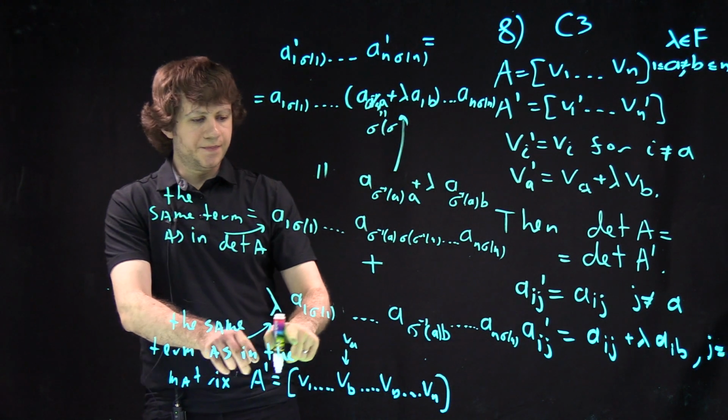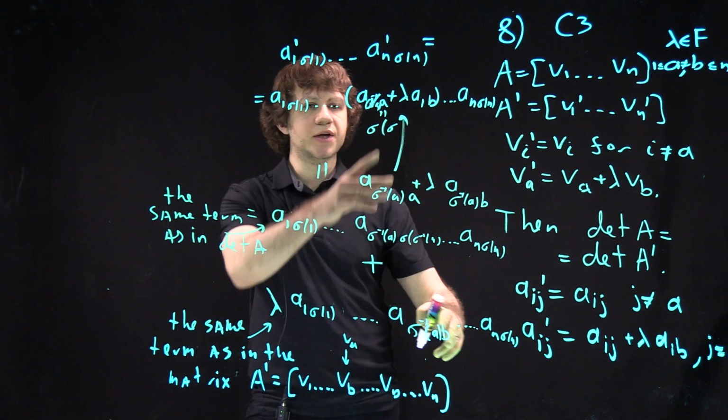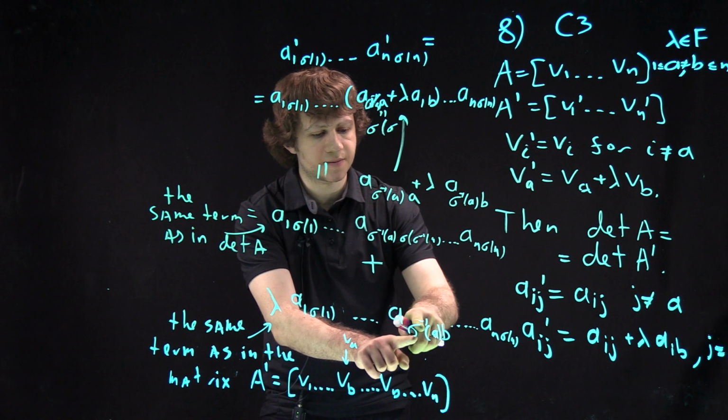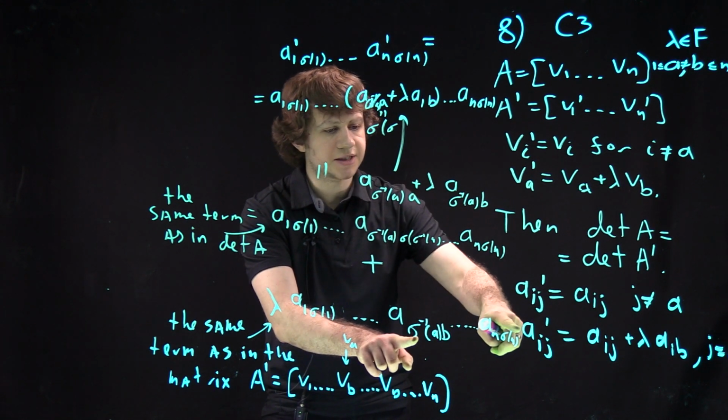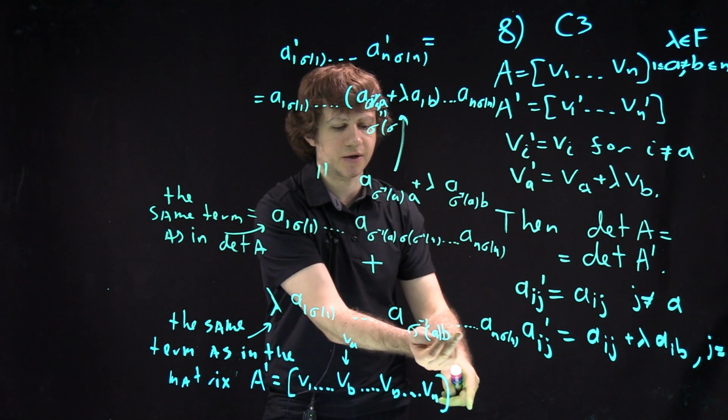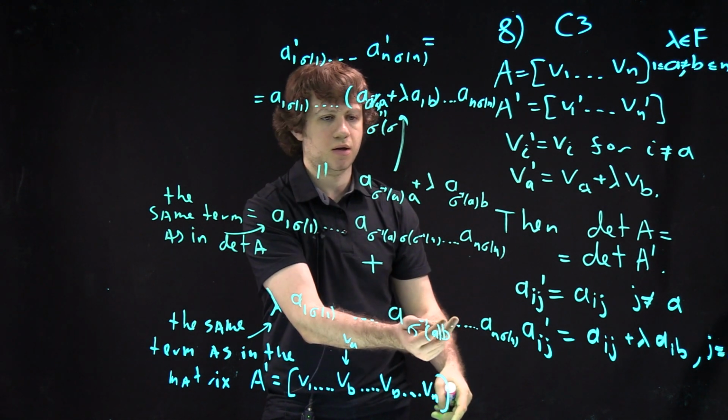So the idea is that when you do that, in this monomial you have two repeating terms. You have A sigma inverse AB, and you will have it again because you still have somewhere the sigma inverse AB term later.